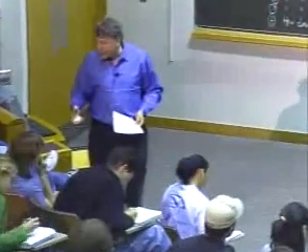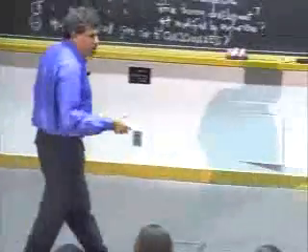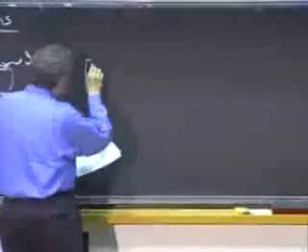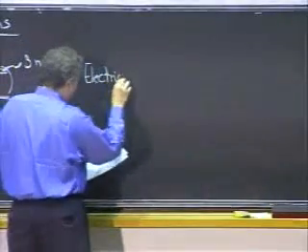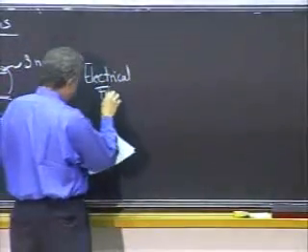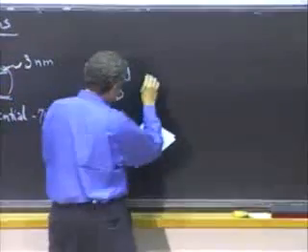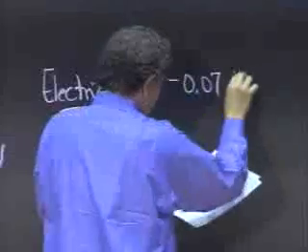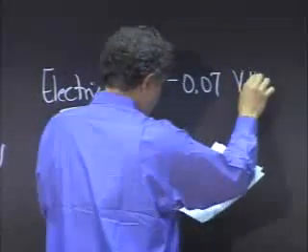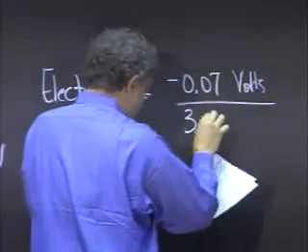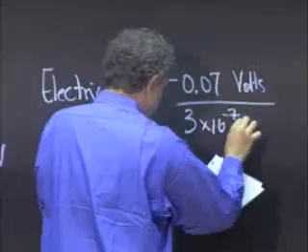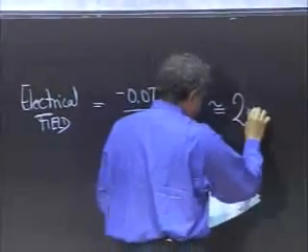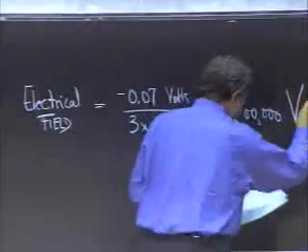What's the electrical field of minus 70 millivolts across the incredibly tiny distance of 3 nanometers? Well, the electrical field strength, minus 70 millivolts over 3 nanometers, is about 200,000 volts per centimeter.